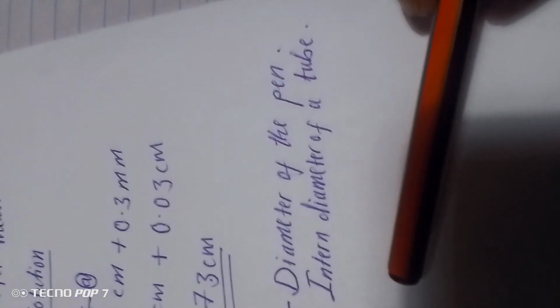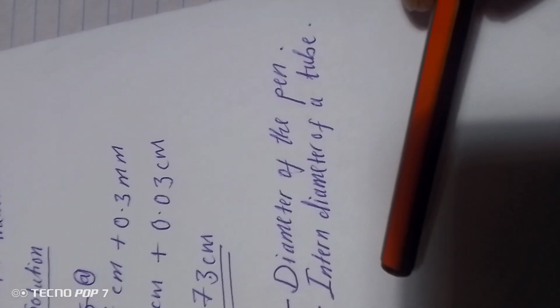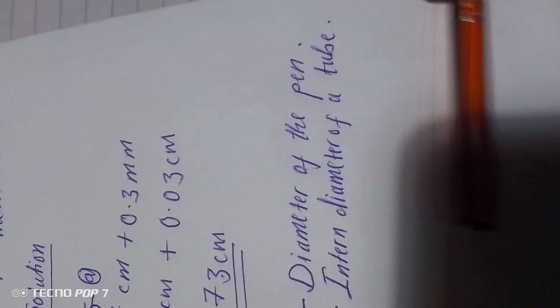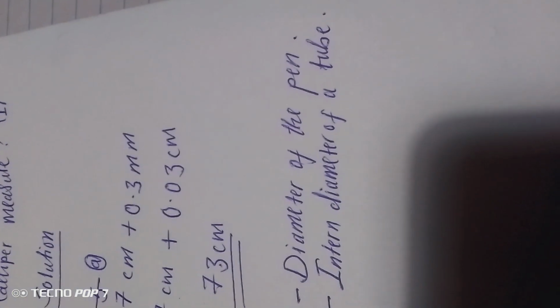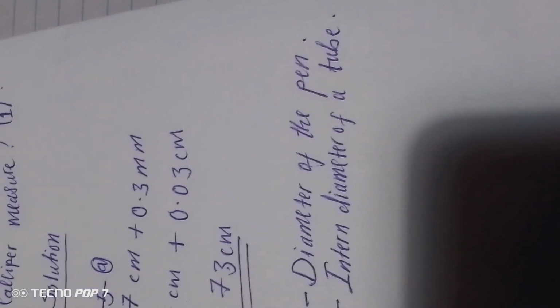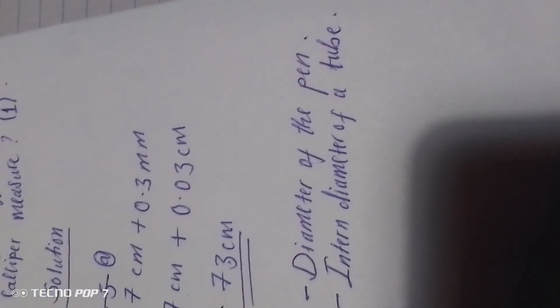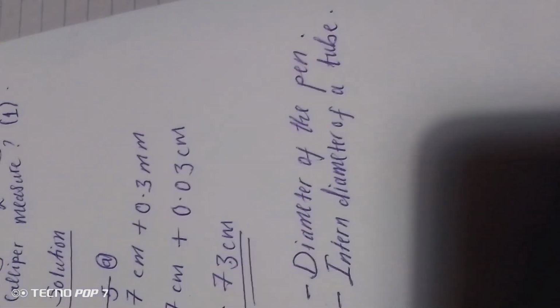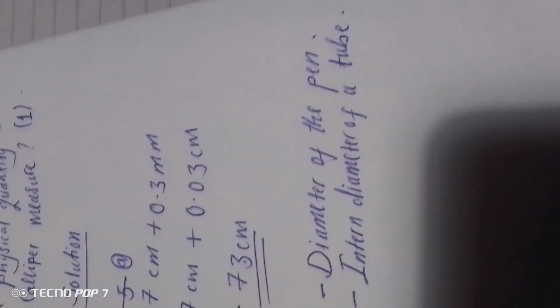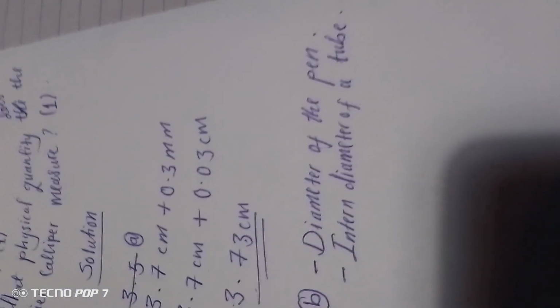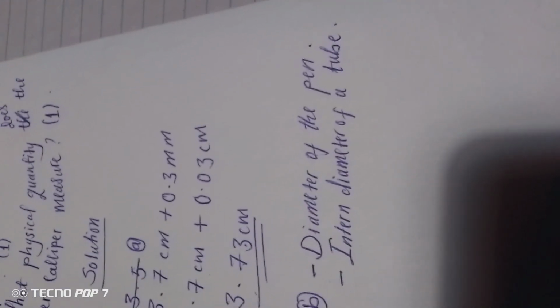You can also use a micrometer screw gauge. The other thing, you can use a vernier caliper to measure the internal diameter of a tube. Yeah, so that's how you can use it. Nevertheless, with this, home and dry.